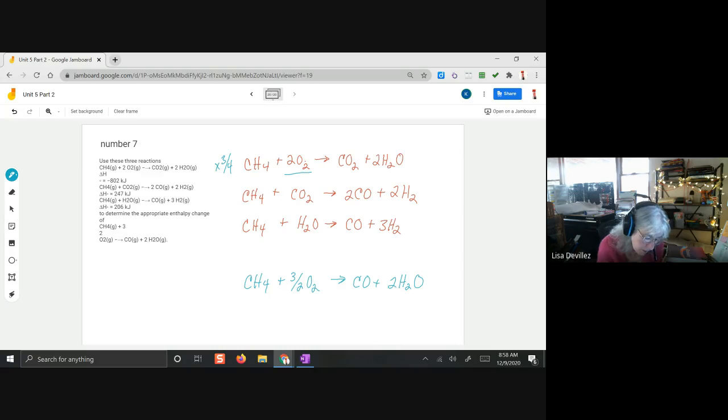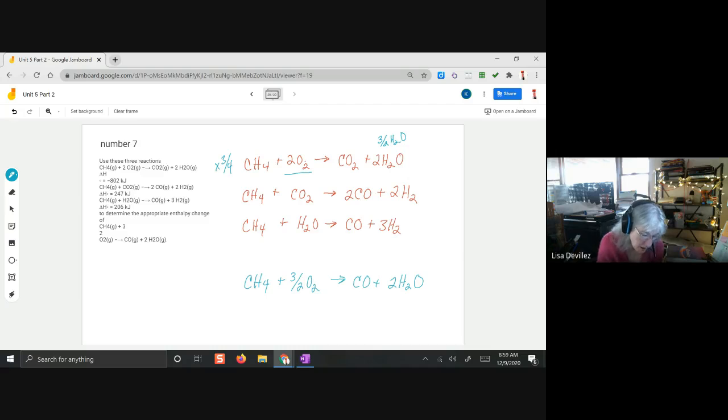And all right, what's next? I got CO in. Okay, that won't fix the water though. So when I multiply through there, I'm going to end up with 3 halves H2O up here. All right, and I need 2.